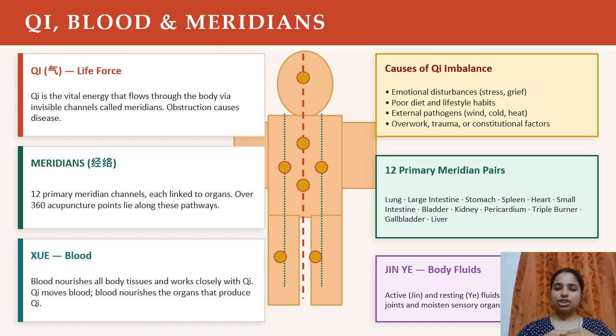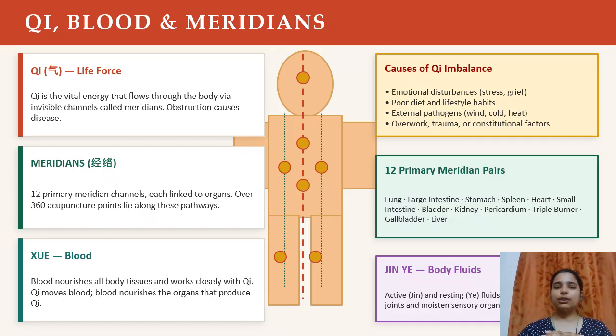And coming to the yin and yang, these are the body fluids somewhat similar to lymph. We know the lymphatic system, right? So the yin as well as yang are the fluids that are found in between the joints that moisten the sensory organs, and they are responsible for movement. Now coming to the meridians or the channels through which the ki runs through the body.